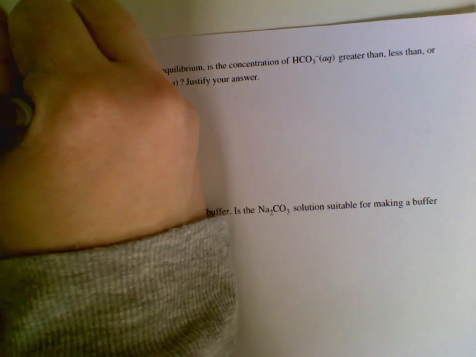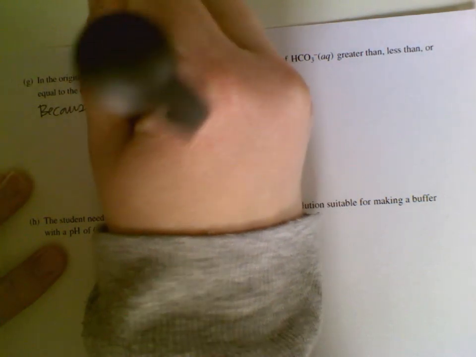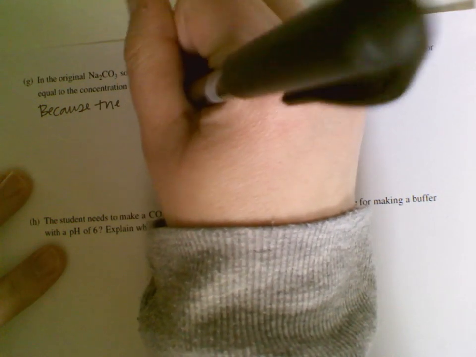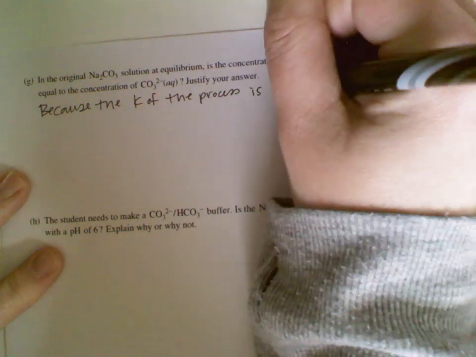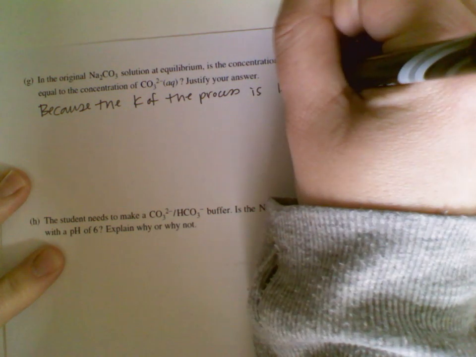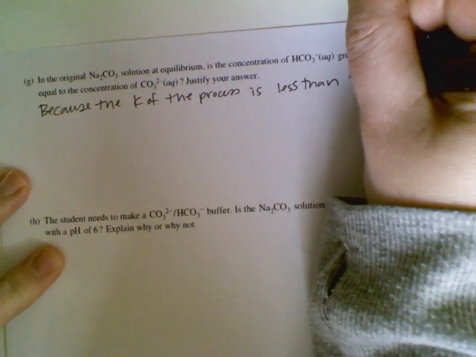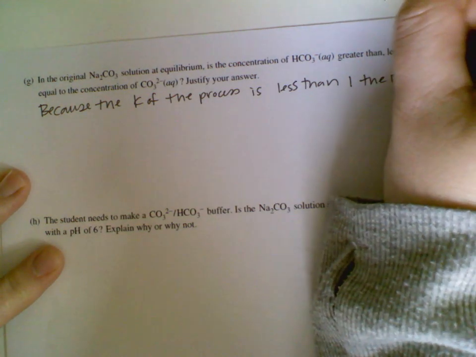We would make a note that says because the K of the process is less than 1, the reaction is reactant favored.